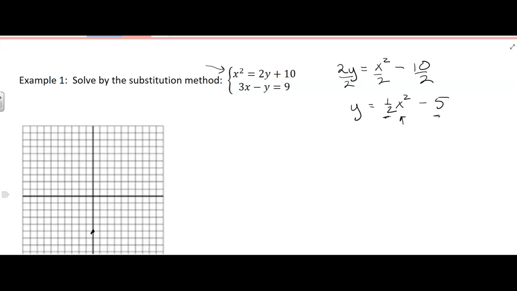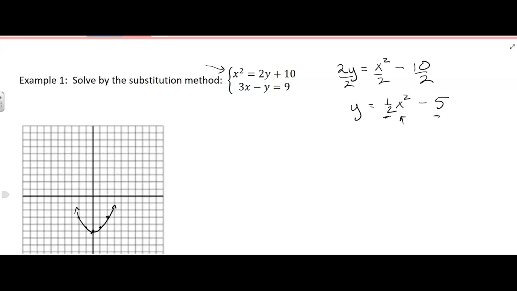So that would be like the vertex. And then if you were to put in 1, you'd get what, -4.5? It is an even function, so you can put another point over there. And if you put in 2, 2 squared is 4, half of 4 is 2, you get -3. So we get this little parabola that's looking something like this. And that would be that parabola. We could put in some more points, and we might want to.